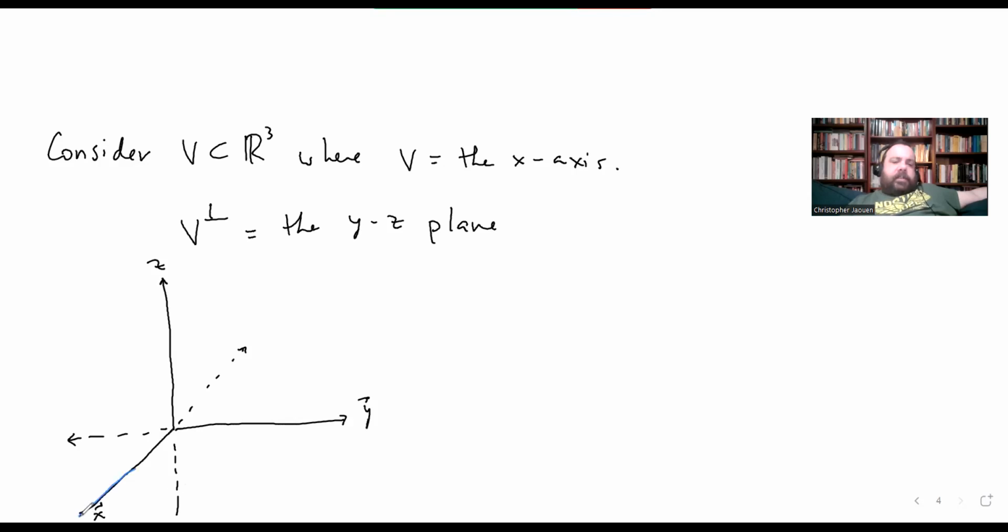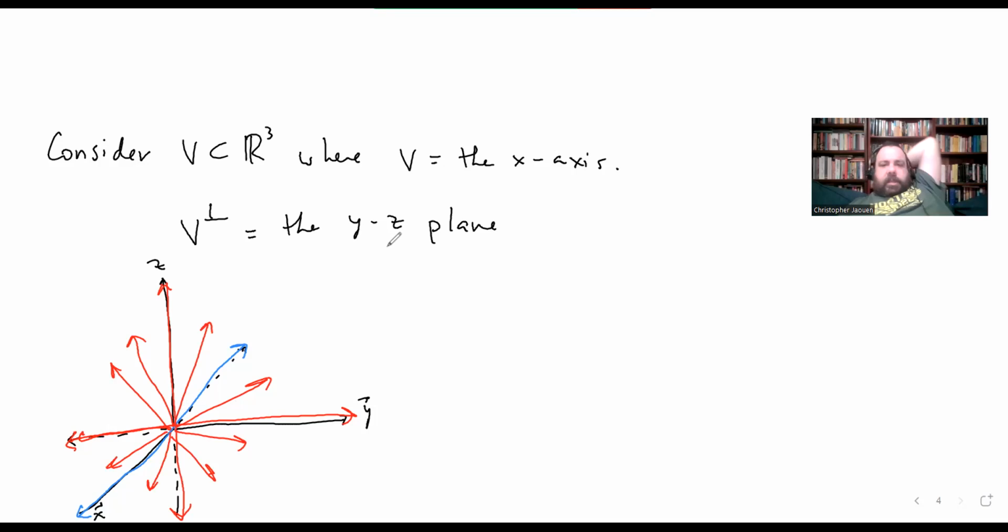If you take the x-axis and you look at the set of all vectors that are orthogonal to the x-axis, well, certainly the y-axis is orthogonal to the x-axis, and so is the z-axis, and actually anything that lies in that plane will be orthogonal to the x-axis, right? It'll make a 90-degree angle with the x-axis. So the YZ plane is actually V perp in this case.